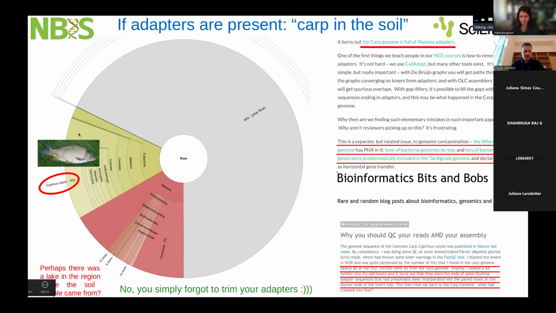It's basically a very peculiar, interesting, funny way to see how badly this adapter thing can propagate to all types of your analysis.